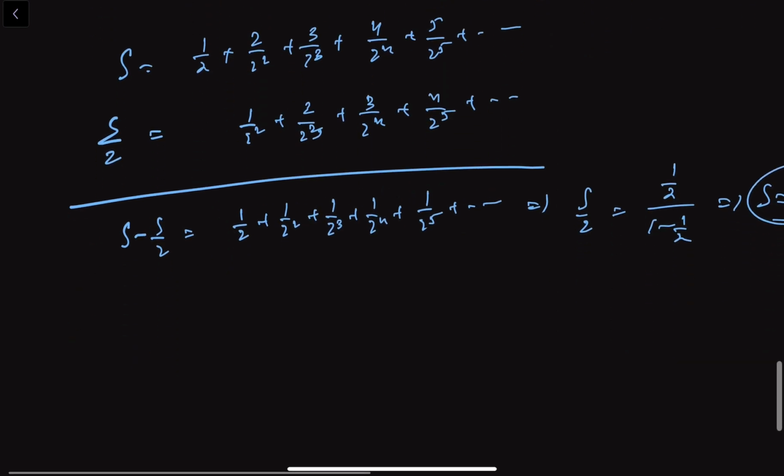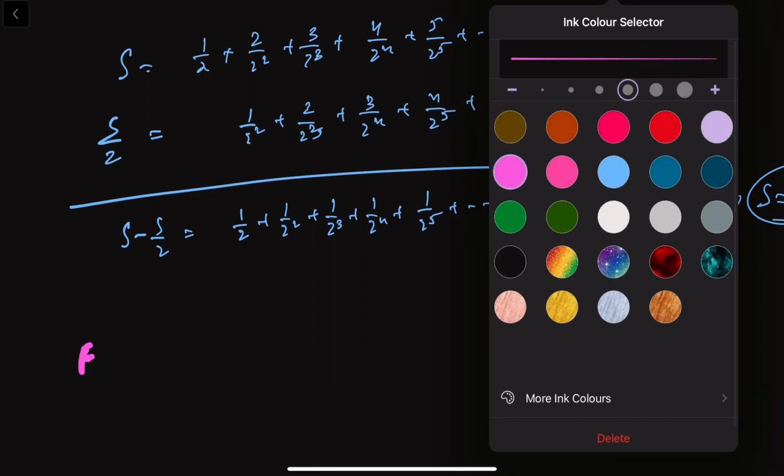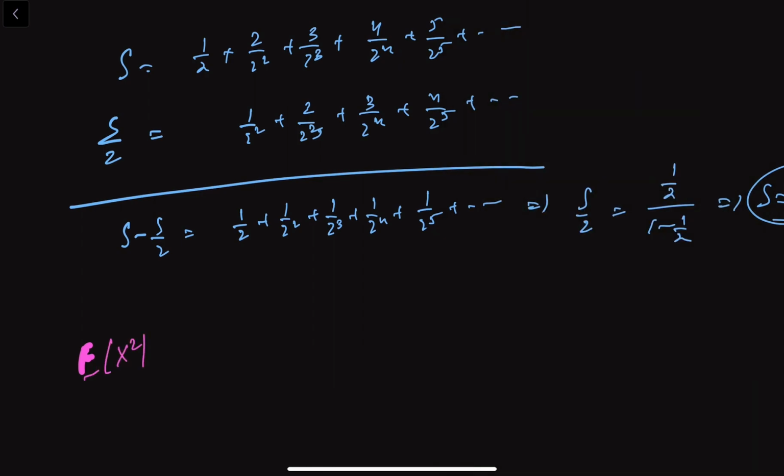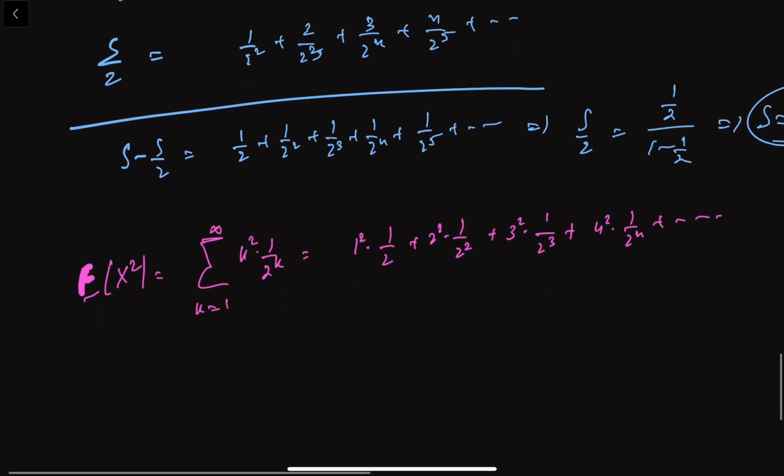In a similar way, in order to find the variance, I can first find the expectation of x square. Expectation of x square would be the summation k equals 1 to infinity of k square into 1 by 2 to the power k, which is 1 square into 1 by 2 plus 2 square into 1 by 2 square plus 3 square into 1 by 2 cube plus 4 square into 1 by 2 to the power 4 plus and so on.